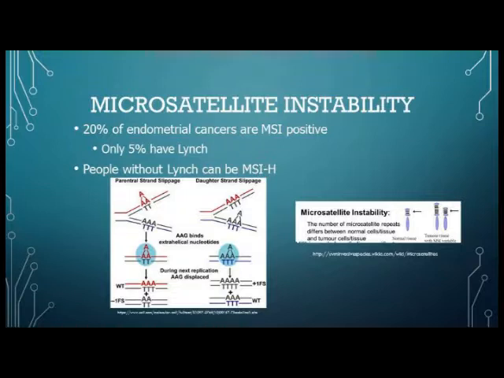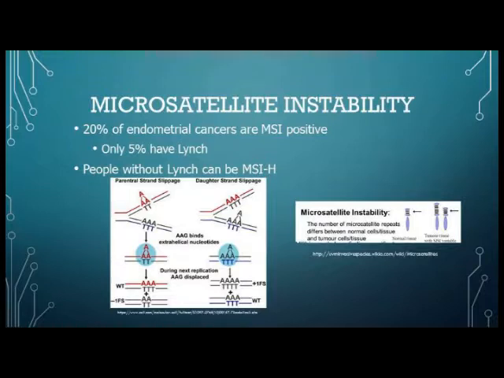When you compare normal cells versus tumor cells, you have more repeats and variable repeats of these microsatellites compared to the normal tissue. That's what they're comparing when they say a tumor is microsatellite unstable or microsatellite high: seeing these variabilities in the tumor compared to the normal tissue.